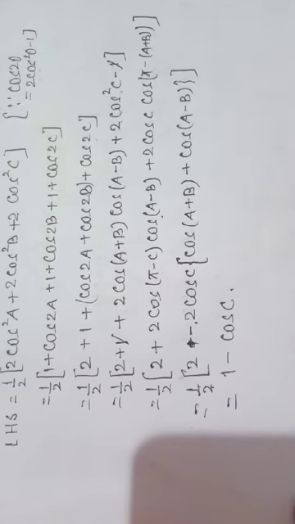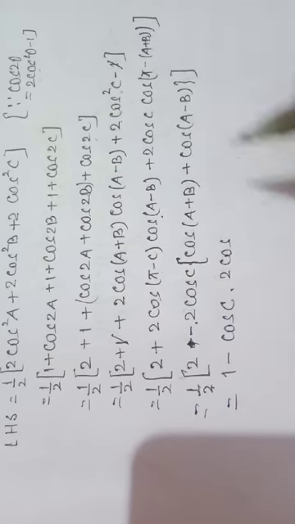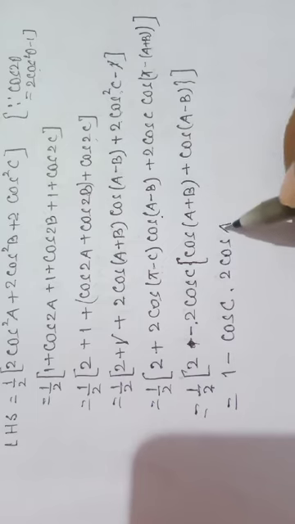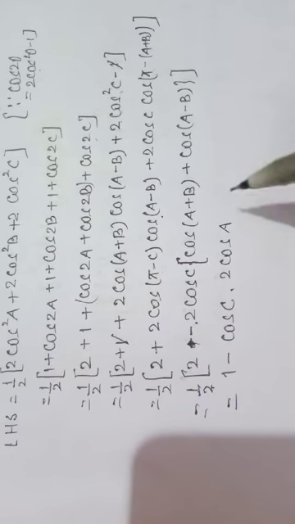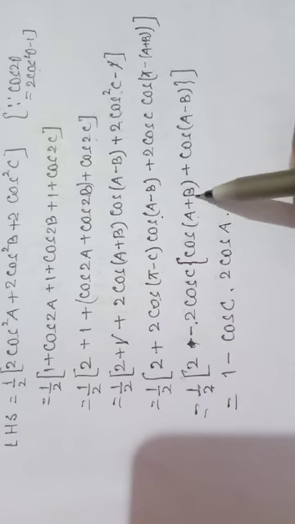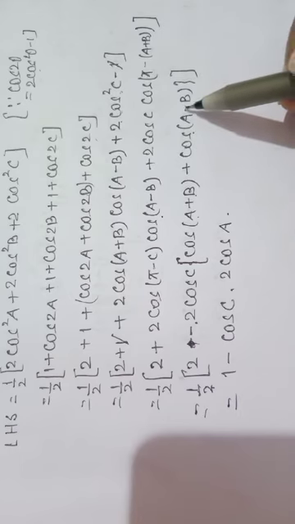And now apply the formula for cos C plus cos D here. Then 2 cos, a plus b plus a minus b, that is 2a, and b cancels. Similarly, cos (a plus b) minus (a minus b), open the bracket, then it becomes plus b.